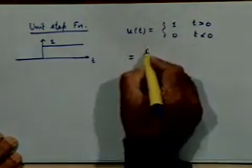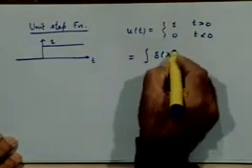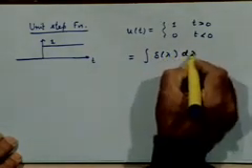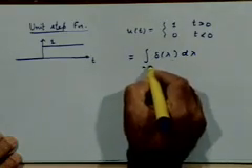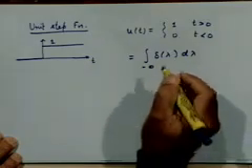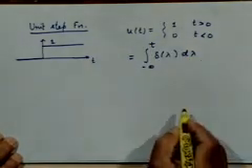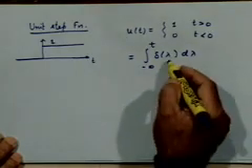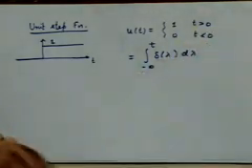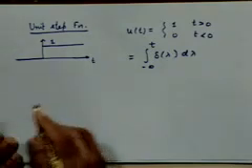Or it can also be defined in terms of an integral with respect to the impulse function. Integration will be from minus infinity to t, right? As you can see, this would be equal to this, right?